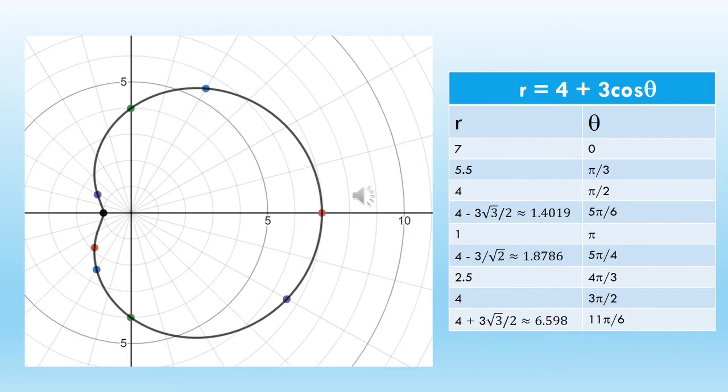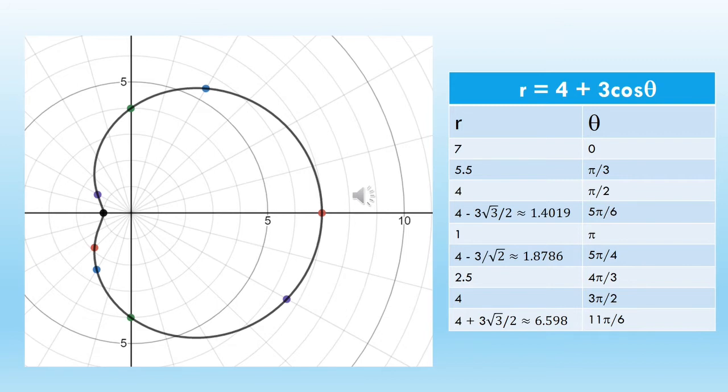At pi, we're on the negative side of the x-axis, and the radius should be 1. At 5 pi over 4, I'm in quadrant 3, and the radius should be 1.87, so almost 2. You can see a point there that's almost 2.